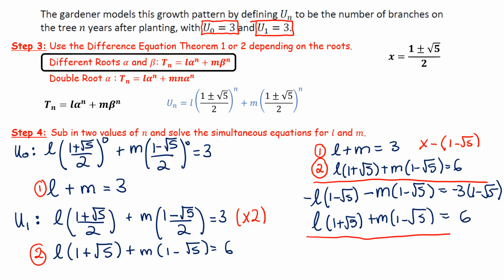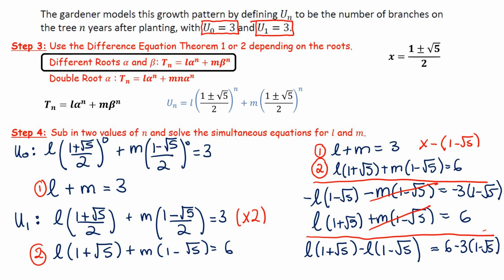So we can see now, be very careful, this M bracket (1 minus root 5), I have a positive and a negative, so they undo each other, they eliminate. The L's do not. Be so careful. So what we have here is L times (1 plus root 5) minus L(1 minus root 5), and that all equals 6 minus 3(1 minus root 5).